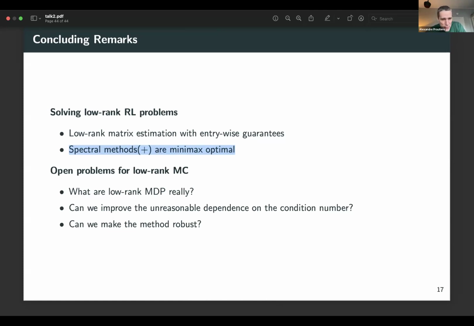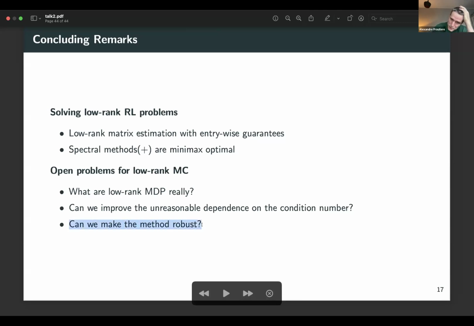There are a lot of open problems for low rank Markov chains or MDPs in general. The first one is: what are low rank MDPs really? So we are working on this. It's a very interesting question, to be honest. There is also, as you saw, a dependence on the condition number of the matrix. So we try to remove this. And the last question, which we actually solved recently, is: can we make the method robust?